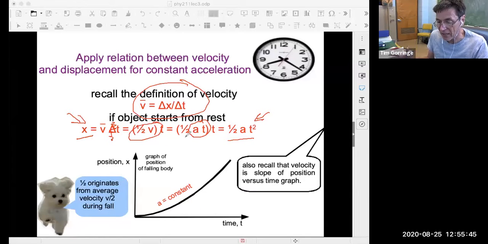And it says that if you have an object falling with constant acceleration, that causes the velocity to increase linearly, then the distance traveled, the displacement, will be in proportion to the square of the time, t squared. And that's exactly what Galileo had recorded in his experiment.